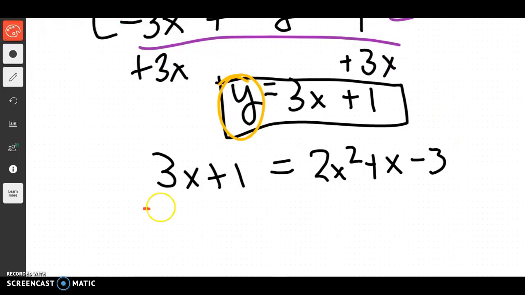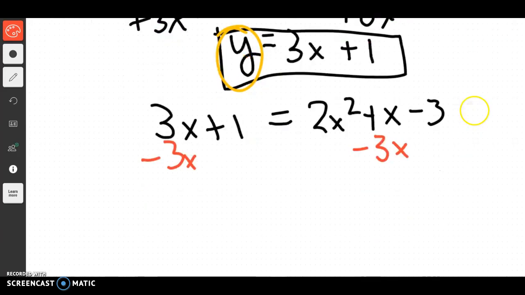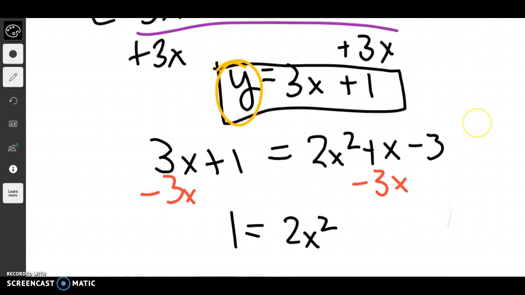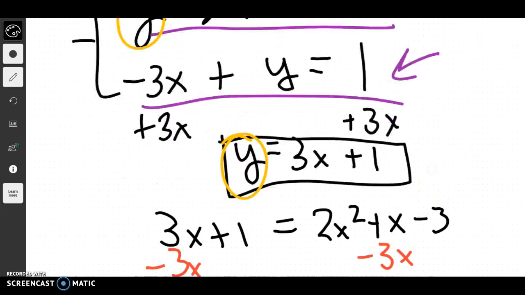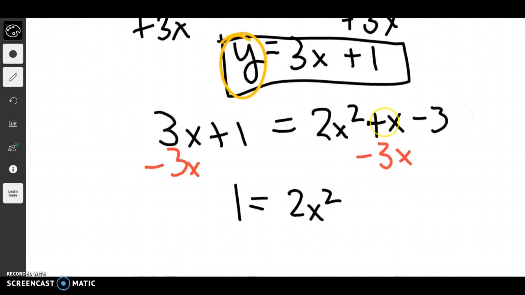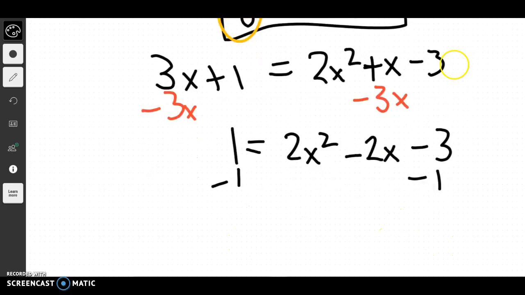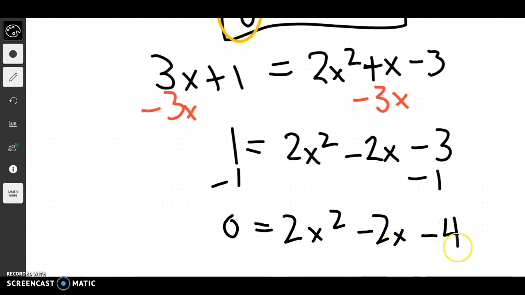From this stage forward, we want to get all the x's together. So I would get 1 is equal to 2x squared minus 2x minus 3. Subtract 1, get 0 equals 2x squared minus 2x minus 4.